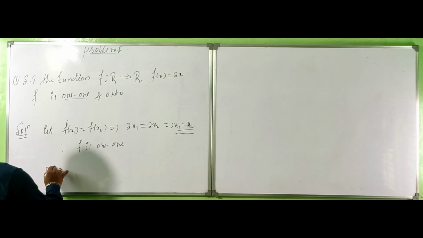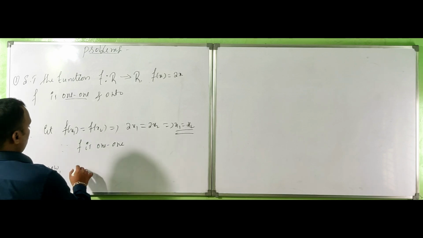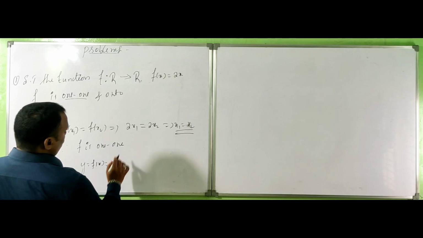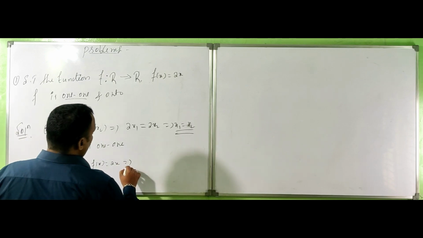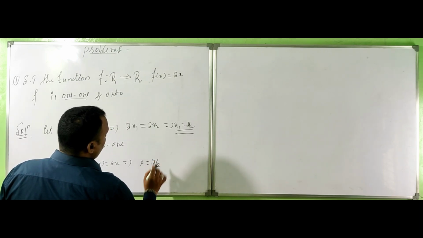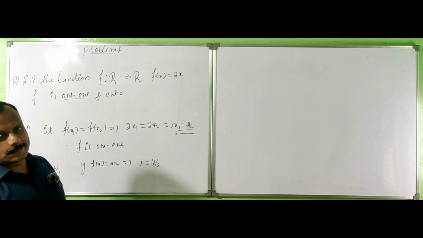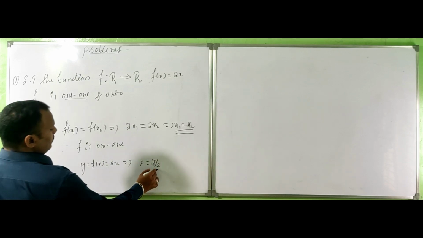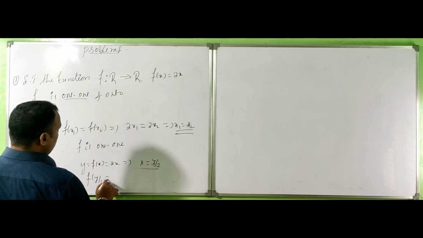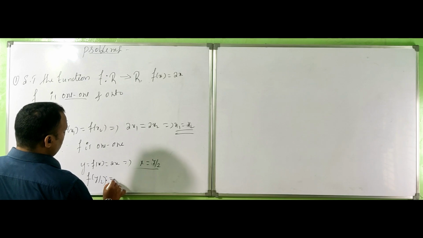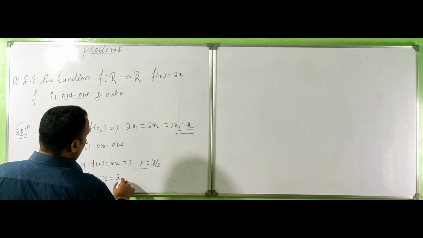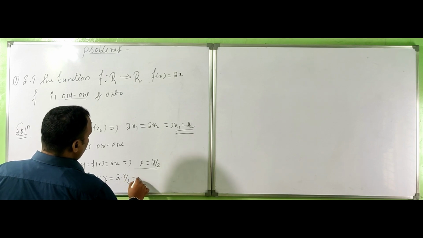Second one is onto. Now, okay, so y is equal to f of x is equal to 2x. So this implies that x is equal to y by 2. Just define the function. f of y by 2 is 2 into y by 2, so here we are getting y.